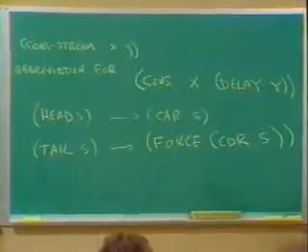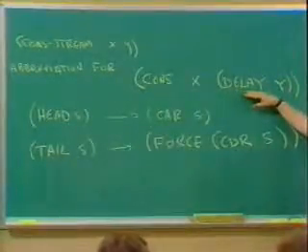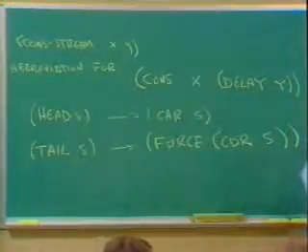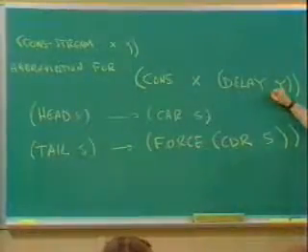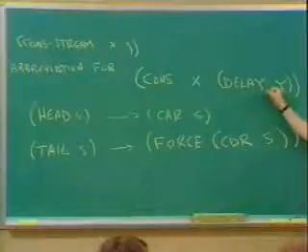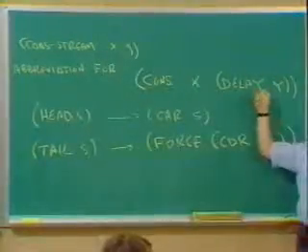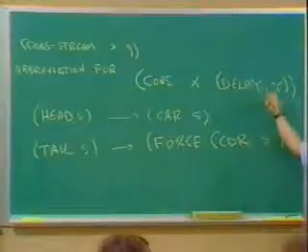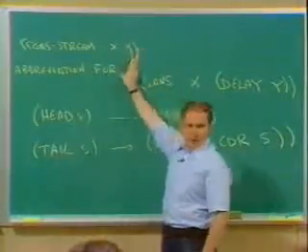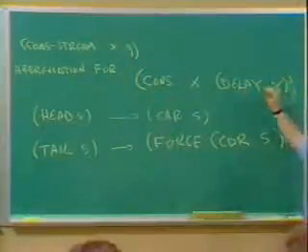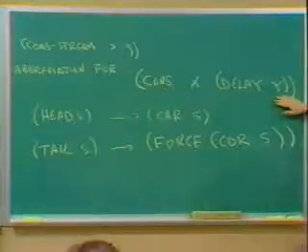Now let me explain this. Delay is going to be a special magic thing. What delay does is take an expression and produce a promise to compute that expression when you ask for it. It doesn't do any computation here. It just sort of gives you a rain check. Right? It produces a promise. And cons-stream says, I'm going to put together in a pair x and a promise to compute y.